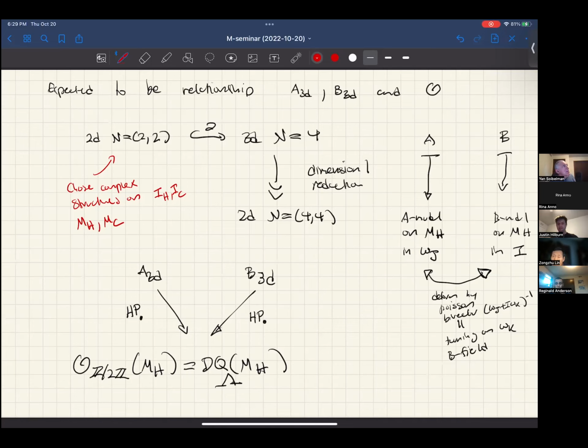Yes, I think it's still present, and we should choose the direction. Actually, it's a question even for the decategorified version, because direction means that you choose some half plane where you place your webs.